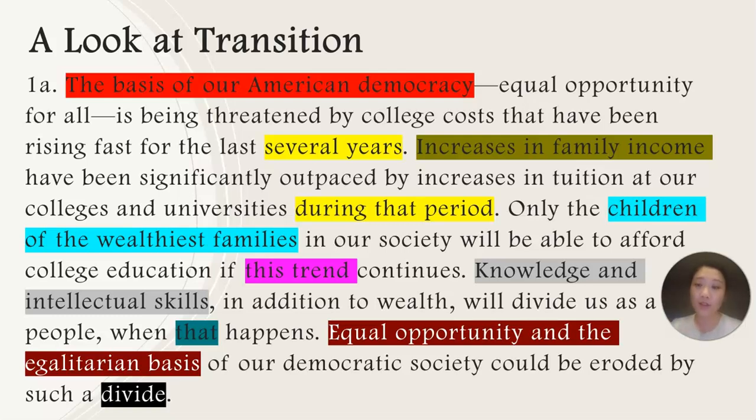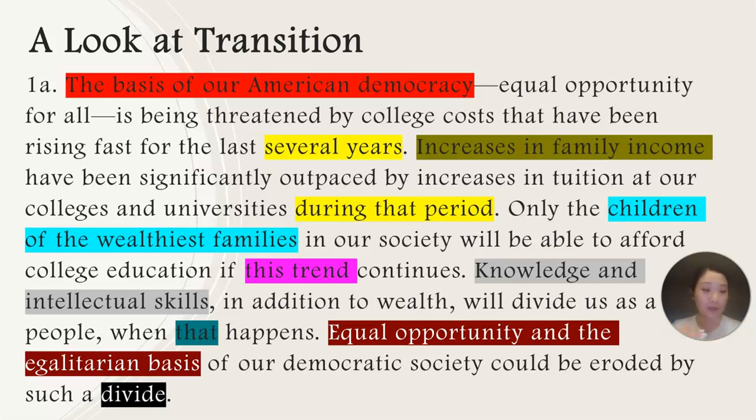Okay, so we start with "the basis of our American democracy," and we end with "last several years." 2 different concepts. Okay, next one, "increases in family income." That is not related to either color. It gets a new one. Okay, and then that sentence ends with "during that period." I'm going to assume, okay, it's not very clear, but I'm going to assume that it's the last several years.